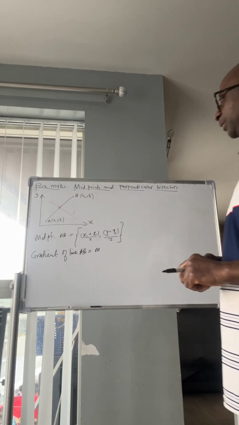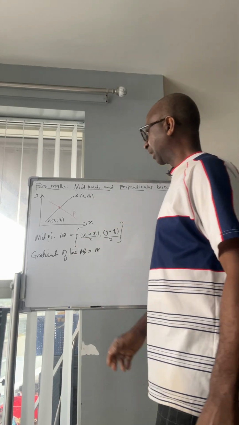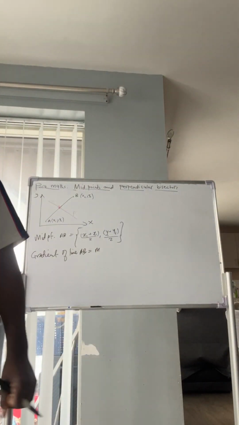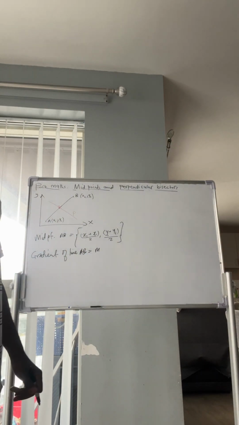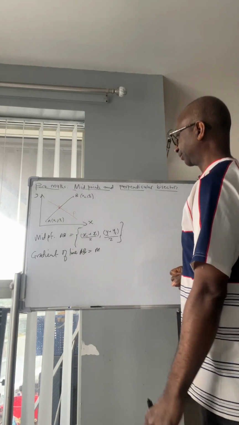We know this is not something we are going to prove, we just state it here, that when two lines are perpendicular, the product of their gradients must be equal to -1.